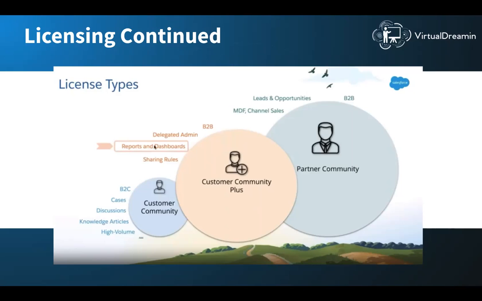That comes automatically with the partner licenses. Channel sales is the ability to group your partners, similar to what Salesforce does, into gold, silver, bronze, or any way you'd like to. Then you have leads and opportunities. And you'll notice that Customer Community Plus and Partner are both flagged as what you would use with B2B. Customer Community, made for high volume, is more of a B2C license.